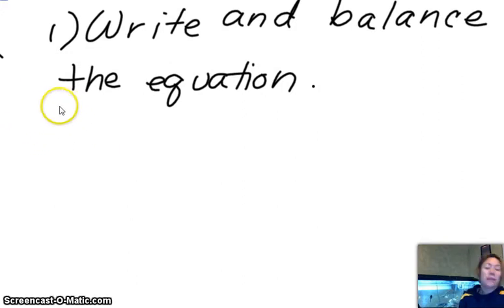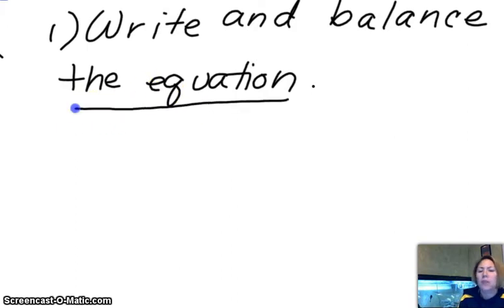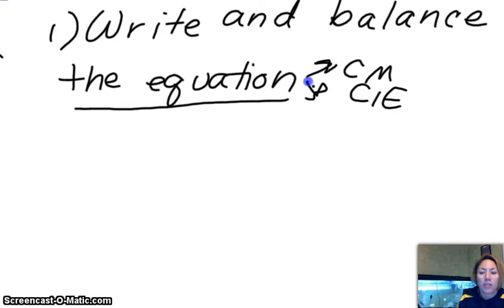Sometimes that's easier, sometimes it's not. So when I say the equation, it's really whatever you prefer to work off of. You can work from the complete molecular, you can work from the complete ionic equation, or you can work from the net ionic equation. It really depends on the problem as to which one's easier. So maybe you just want to start with the complete molecular, and then as you get more experience with these, you can start playing around with the type of equation that you use.